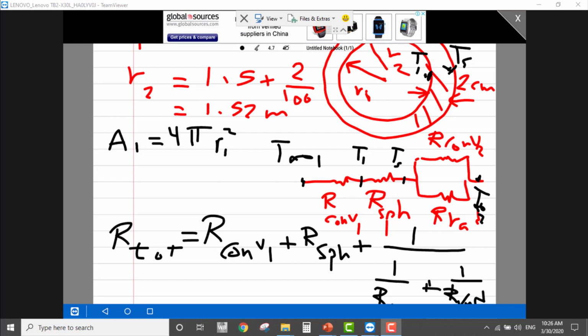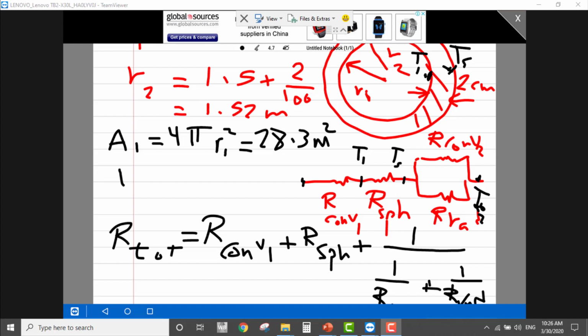If we substitute r1 equal to 1.5, we will get 28.3 meter squared.